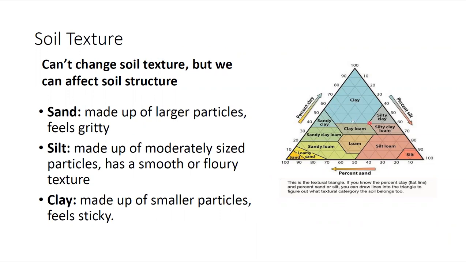So that soil textural class, that project that I just showed, is a clay loam, okay? We can't change that. You might think, well, could we add a bunch of sand to that and make it more of a clay loam or drop it into a sandy clay loam?